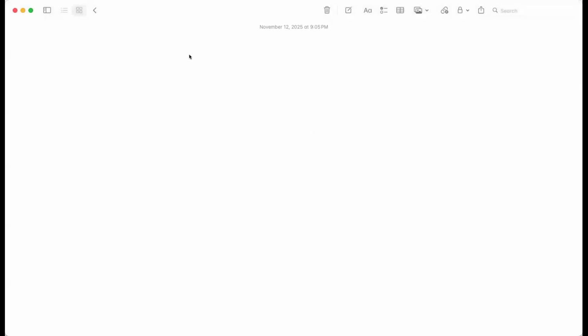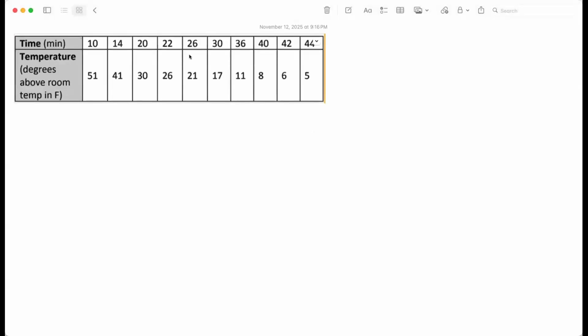Here is a table that gives you the relationship between time in minutes and temperature in degrees. Let's say I'm going to plot it in a graph. The time and temperature, let me plot it in a graph.